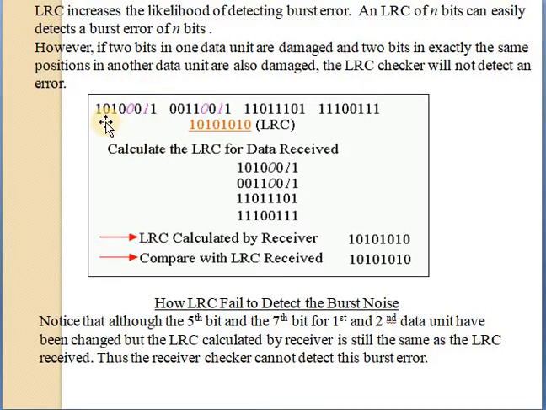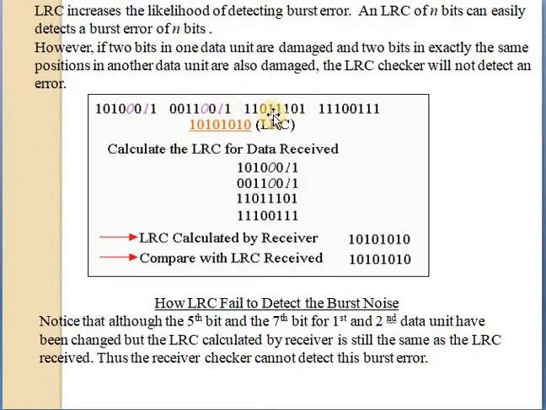In the first frame, the data is 1 0 1 0 0 1 0 0 1 0. At the fifth position and the 7th position, the bits are corrupted. In the next frame, 0 0 1 1 0 0 1 0, again at the 5th position and the 7th position the bits are changed.